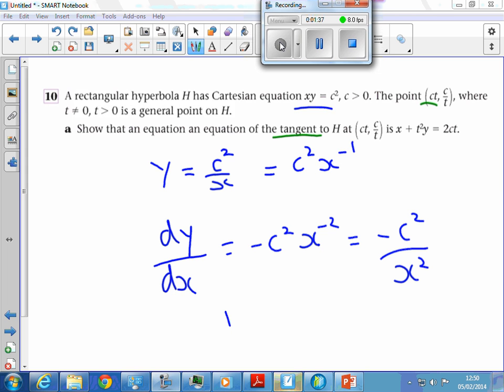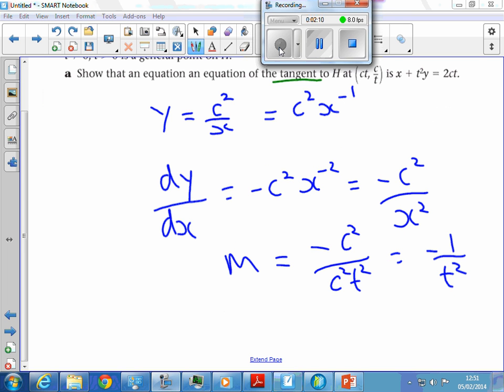So the gradient m is equal to minus c squared all over c squared t squared, because I've substituted x to be ct. And that is equal to minus 1 over t squared.